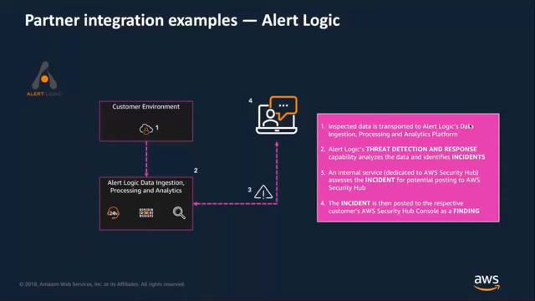Then Alert Logic only pushes the confirmed incidents to AWS Security Hub. So the customer has a very reduced view with all the noise cut out, and they're only seeing the most actionable items that they need to deal with each day.